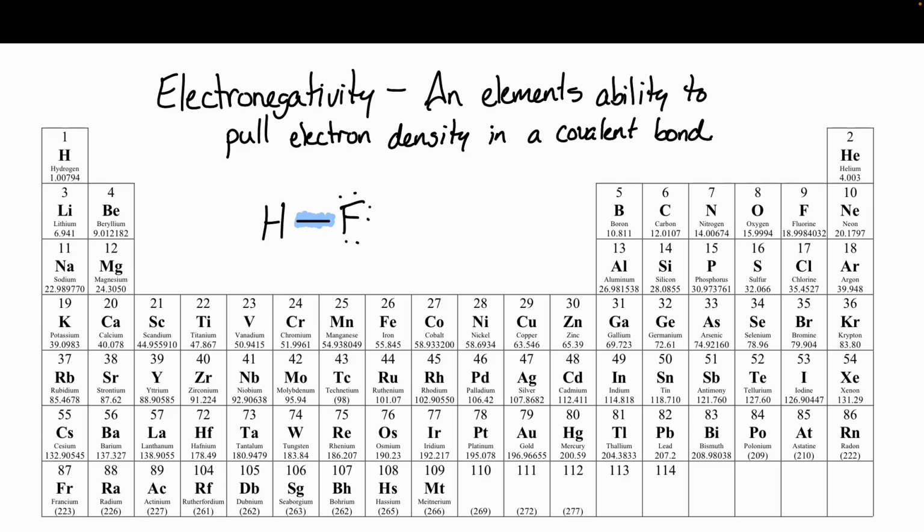So if we're going to simplify things, what is electronegativity? Again, we have these two atoms engaged in this tug of war. It turns out that certain elements are better at tug of war than other elements. Certain elements are better at pulling electron density in this covalent bond. We represent the electrons in our Lewis structure as this little line here.